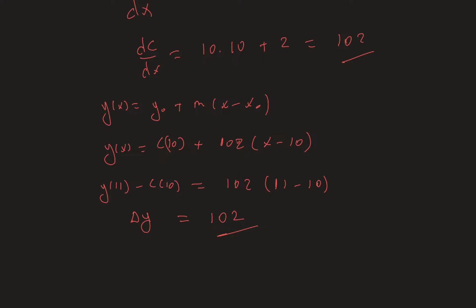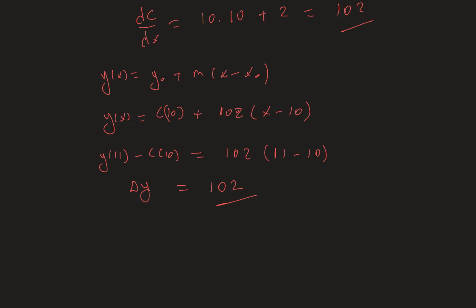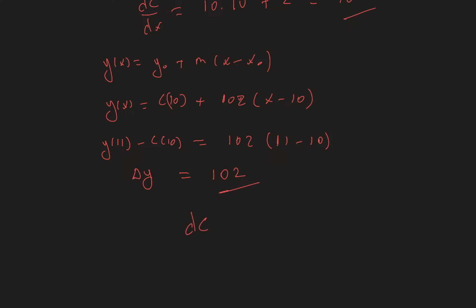Okay, what is the change in the value? y of 11 minus C of 10 is the change in the cost of producing 1 unit. So if I put 11 here, I will have 1 here. So the marginal cost is the derivative of C with respect to x. This is the cost of producing 1 unit, and this solves the problem.